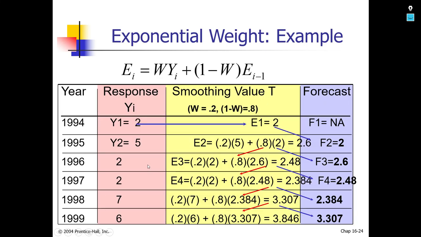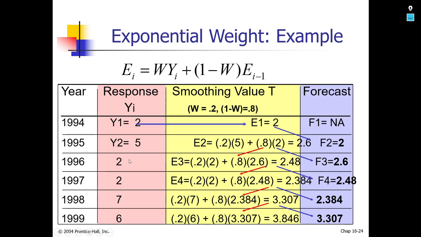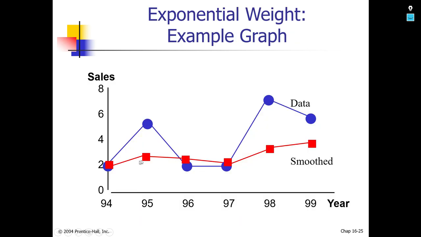Then you can also plot your trend line, smoothed trend line. So E1 refers to E1, E2, E3, E4, E5, and E6. This is how we draw the graph here.